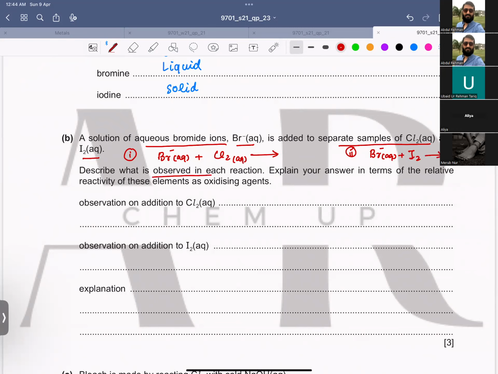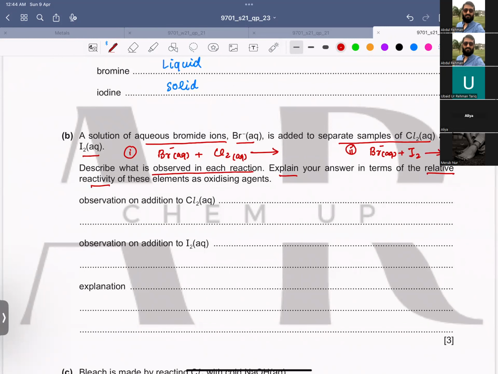Describe what is observed in each reaction. Explain your answer in terms of relative reactivity of these elements as oxidizing agent.